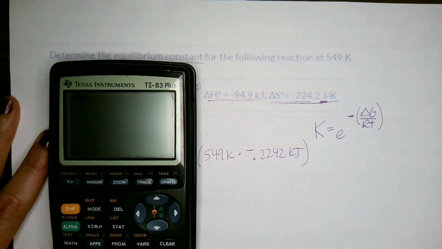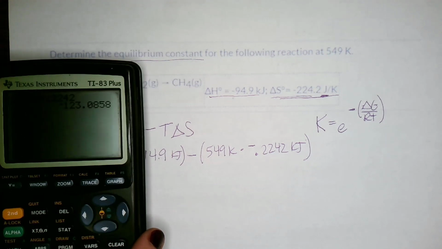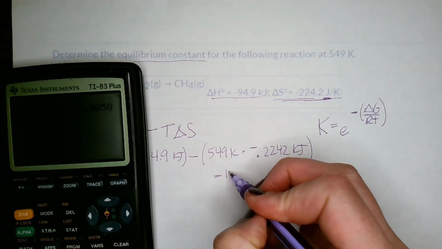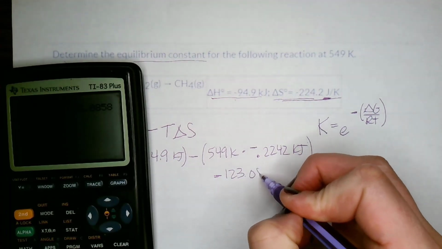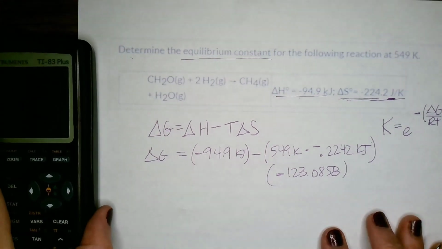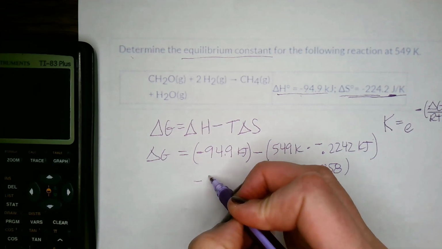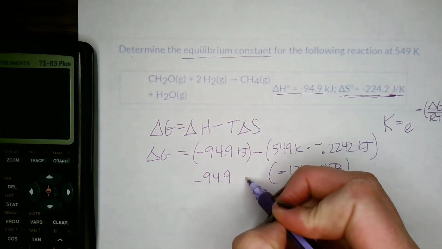Let's simplify this. I'm going to do 549 times negative 0.2242. This is negative 123.0858. We won't simplify till the end.